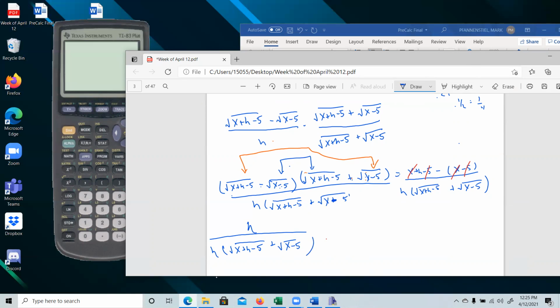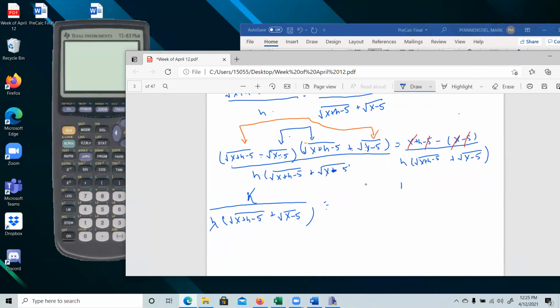Now these two cancel. What was the goal? The goal was to cancel this h. So now we're good. Our answer is going to look like 1 over square root of x plus h minus 5 plus square root of x minus 5.